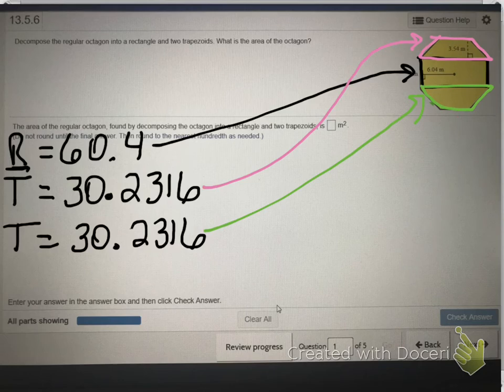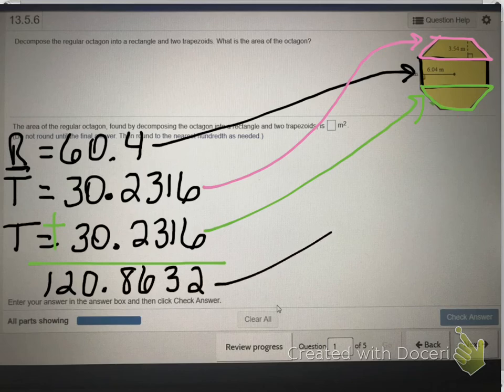So to figure out the area of all three of those parts when we compose them back together, I'm just going to add these three numbers. And when I do that, I end up with 120.8632. So that's the area of the whole octagon.